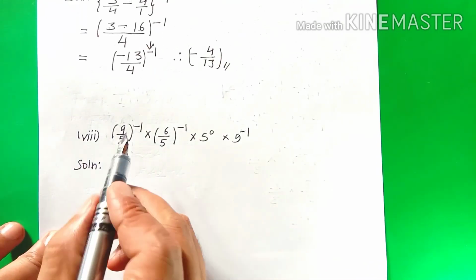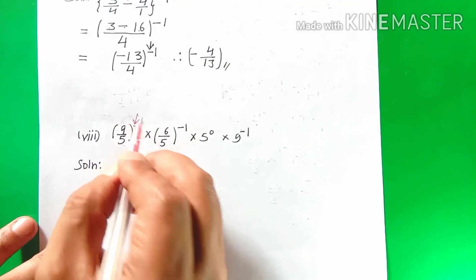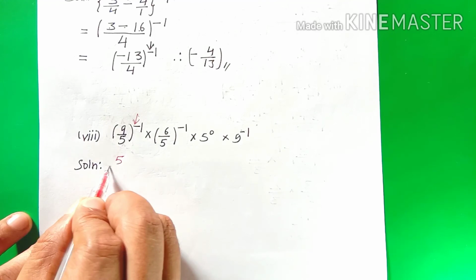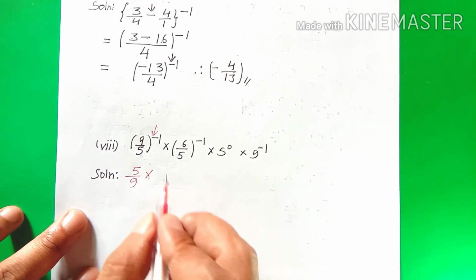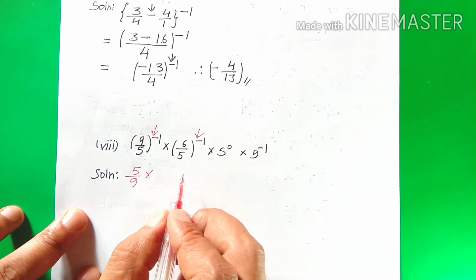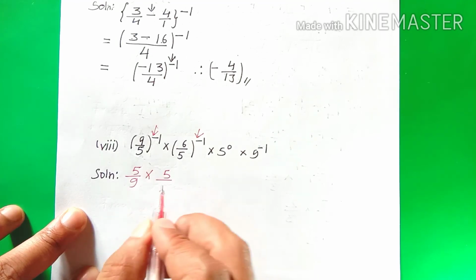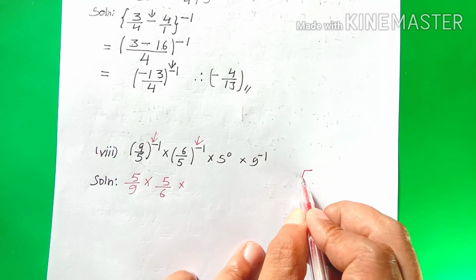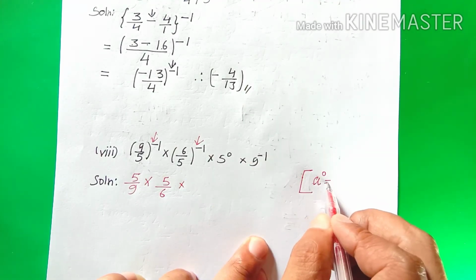Now the sub question number 8. Again, we can see here a negative power. Change this negative power into a positive. It will take the reciprocal, which is 5 divided by 9. Again, times, we can see here again negative power, change that into positive, then it will take the reciprocal, which is 5 divided by 6, into, now here you can apply another law of exponent, that anything raised to the power 0 will give here 1.